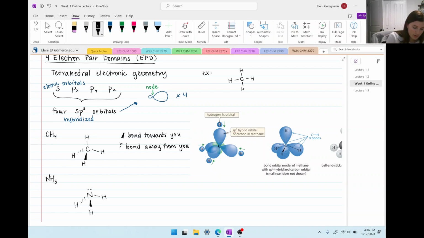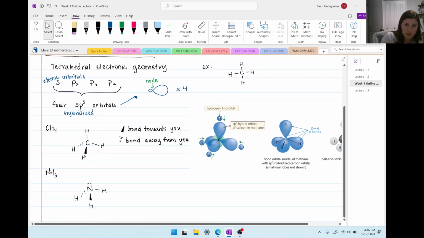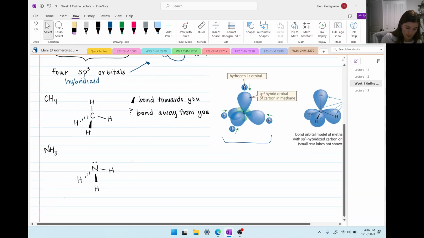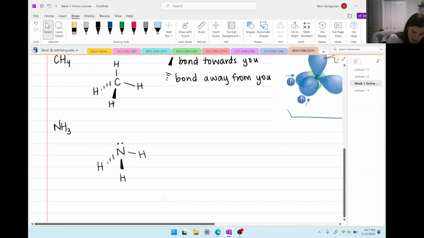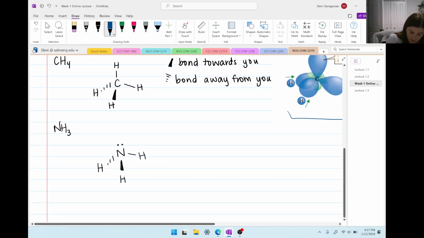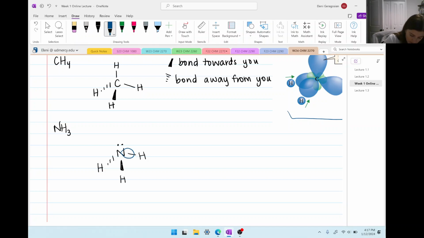We can draw the sp3 orbitals on nitrogen similar to how they're drawn in the image from the book. Nitrogen, that is sp3 hybridized, has 4 identical sp3 orbitals. One overlaps with 1 hydrogen, another overlaps with the other hydrogen, one overlaps with the other, and the 4th one is holding the lone pair.